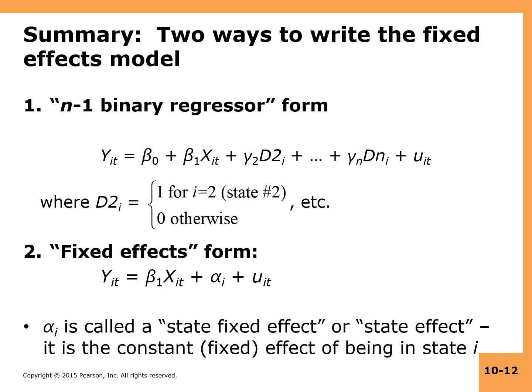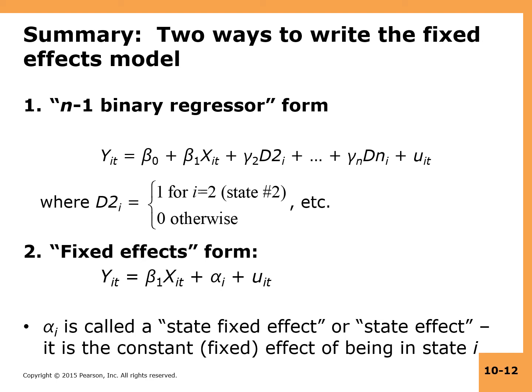So to summarize, there are two different ways to write the fixed effects model. One is the n-1 binary regressor form, where we include binary regressors for the factors that are not changing over time.